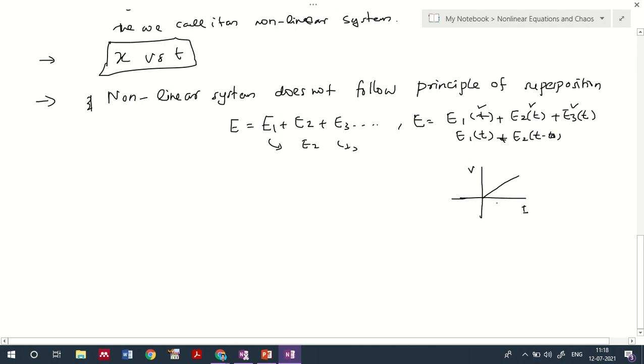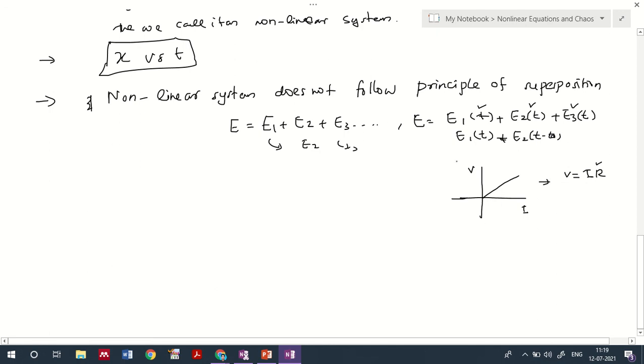You represent this as the VI characteristics of a sample, and for a conductor you get the resistance, represented as V equals IR. So V is proportional to current. When you increase current, the voltage also increases, with a constant R, which we call resistance.